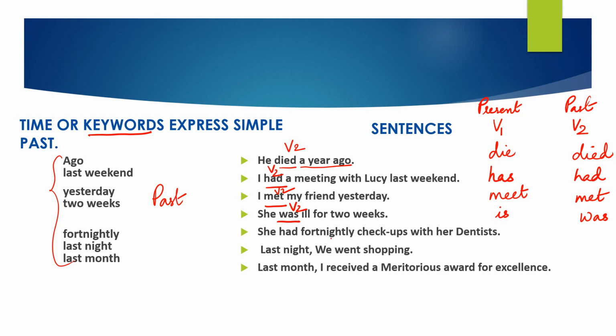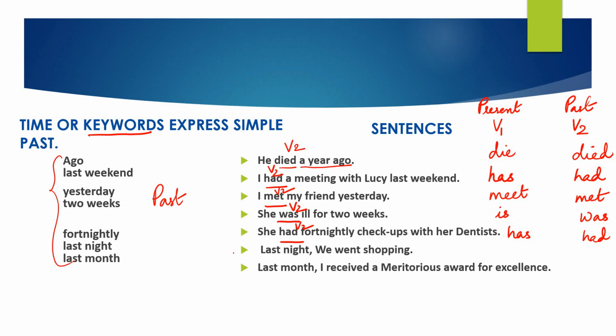The girl had routine checkups after every 14 days. Now, what is the verb here? Had. What is the present form? Has. So, has is the present form. In past tense, it becomes had.